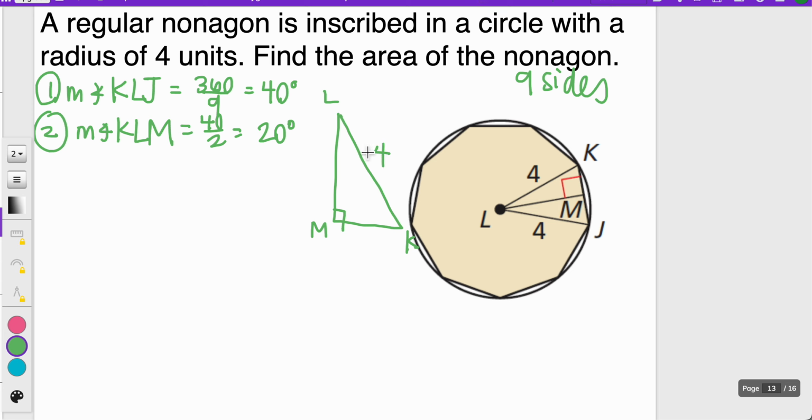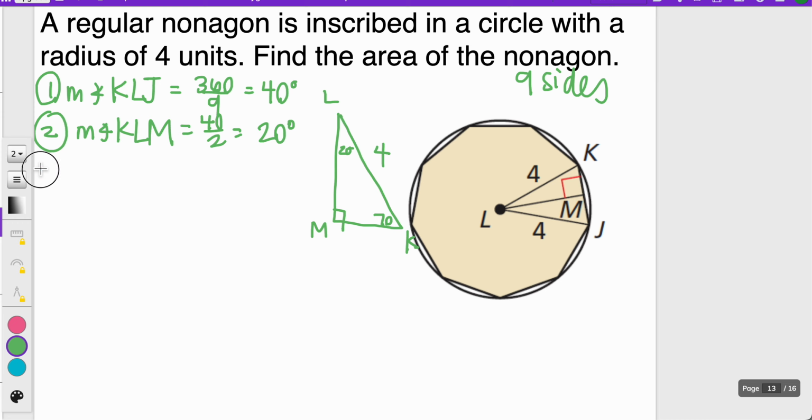This is 4, representing my radius, and I just said KLM is 20 degrees, which means LKM, if you want to find that one, you just do 90 plus 20, that's 110. This third angle has to be 70.